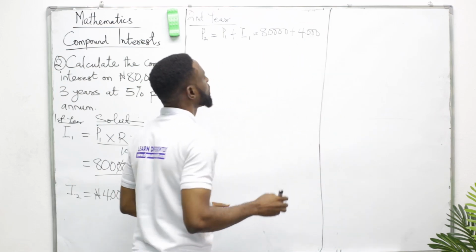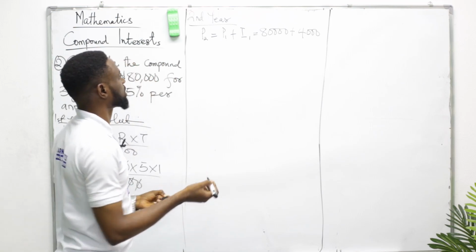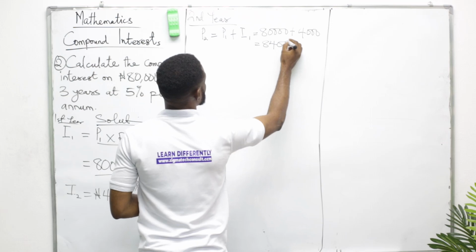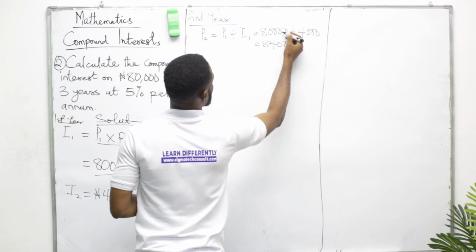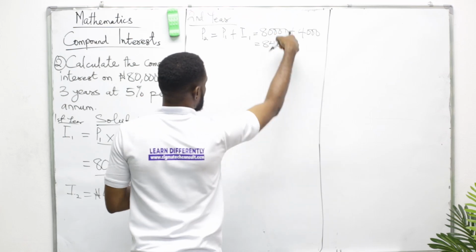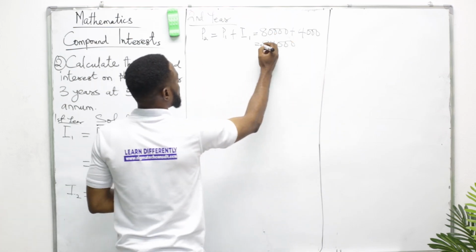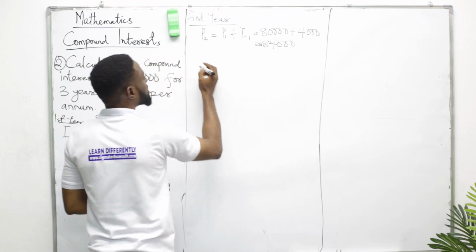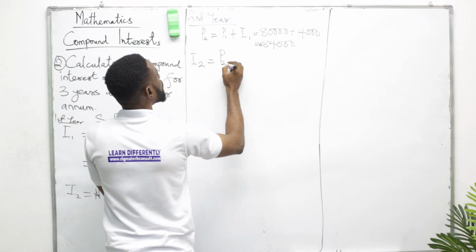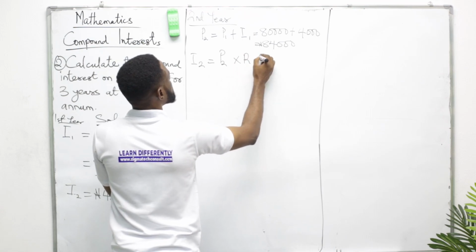Okay? So 80,000 plus 4 is 84,000. So it's 84,000 naira. So it means that I2 will now be equal to P2 times rate, which is constant, times time over 100.